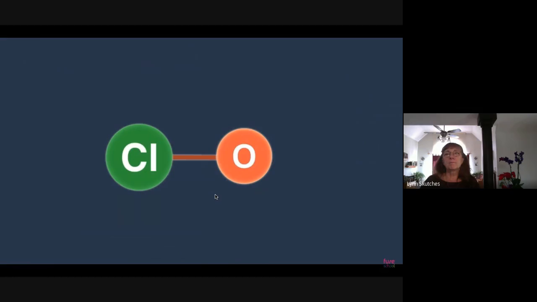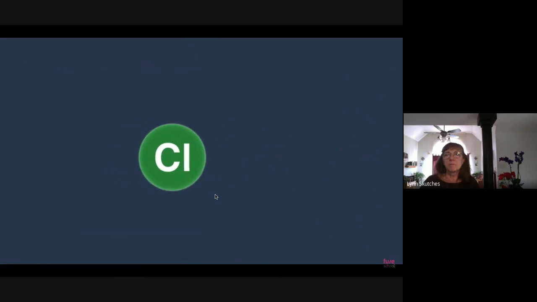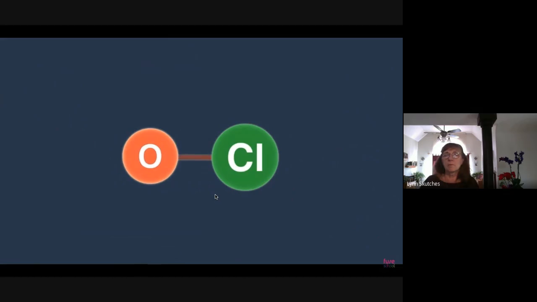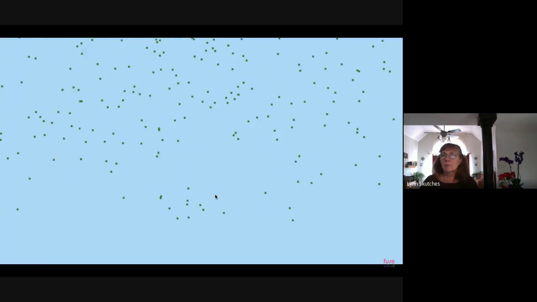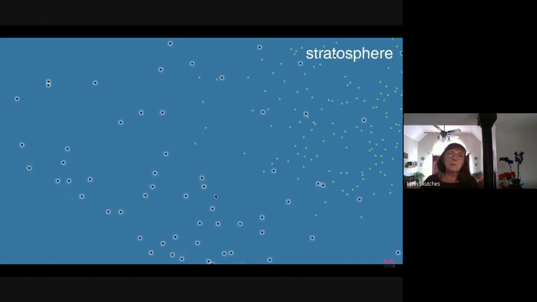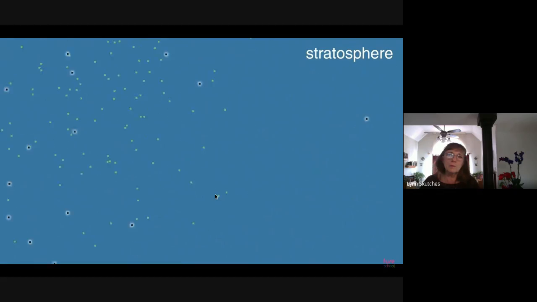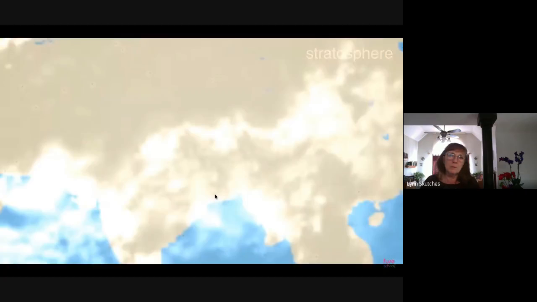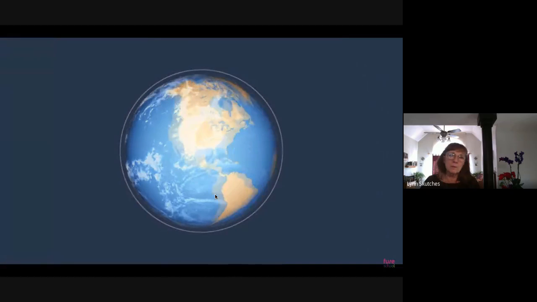When the chlorine oxide meets yet another oxygen atom, molecular oxygen reforms, leaving the chlorine atom to continue to remove more atomic oxygen. These chlorine atoms are eventually removed from the stratosphere naturally, but not before they have captured thousands of ozone-forming oxygen atoms. Thus, the ozone-oxygen cycle was being destroyed and the ozone layer was thinning all over the world.